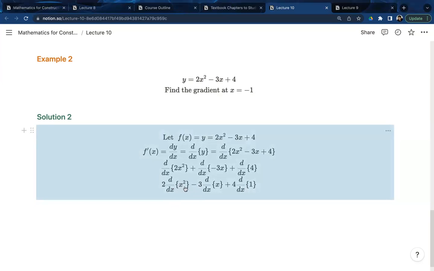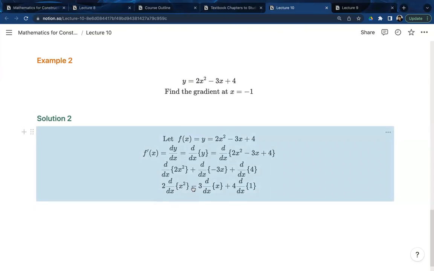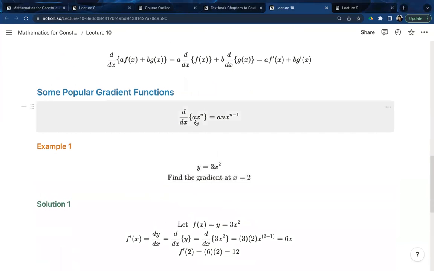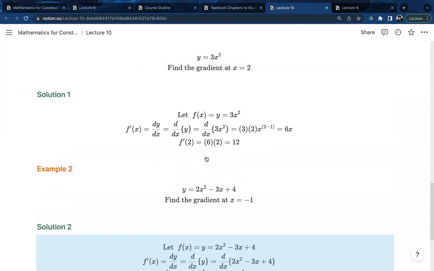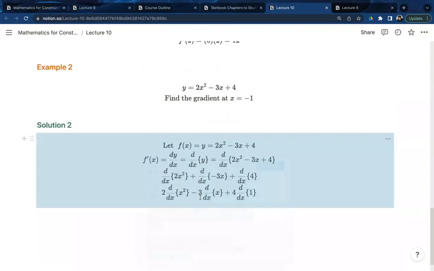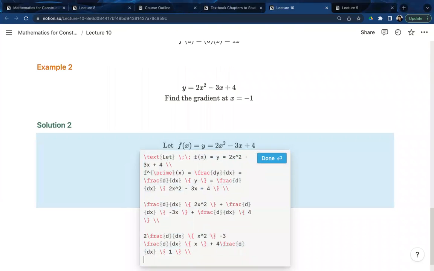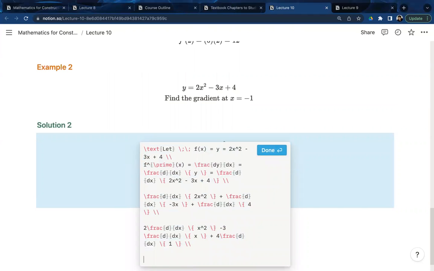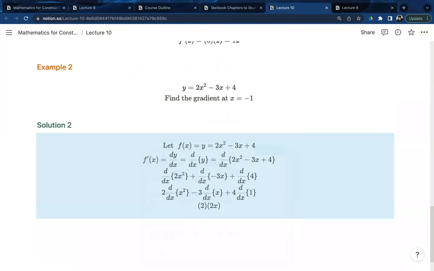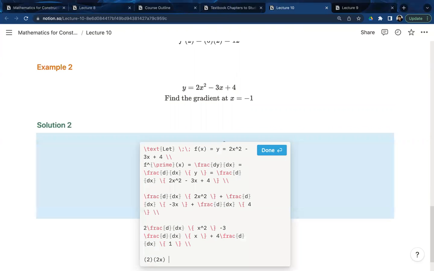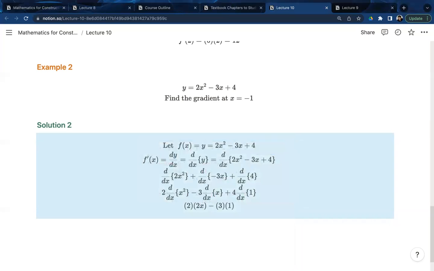What is the derivative of x squared? We use the rule here, right? Derivative of x squared is 2x. So this is 2 multiplied by the derivative of this, which is 2x, minus 3 by the derivative of x, which is 1, right?